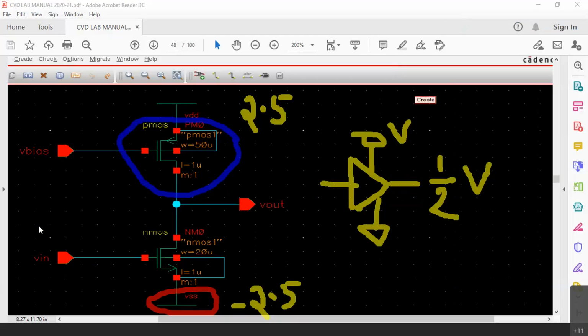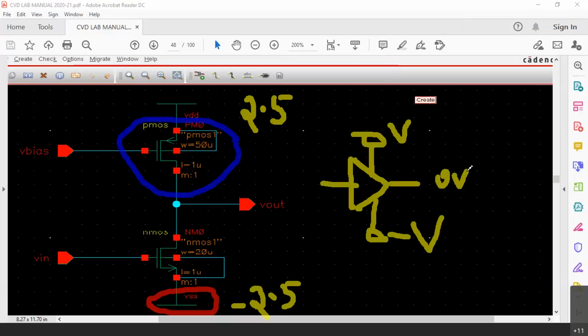Now, let us say we change this. Let us say instead of the ground, we have this minus V now. Let us say the upper one was plus V, the lower one was minus V. In this case, there is no need to bias this amplifier now because by default, it is at 0 volts.